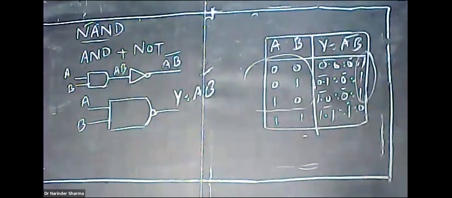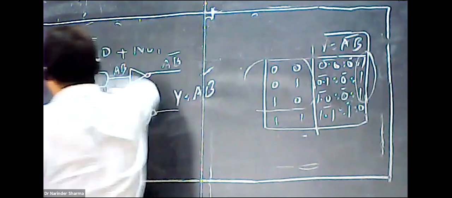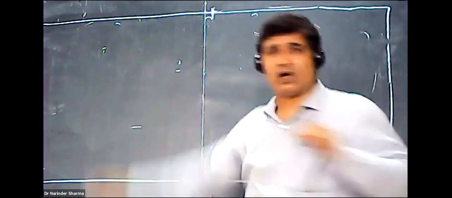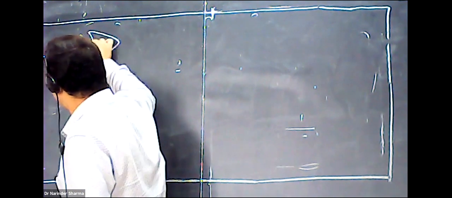Now understand the other gates, that is the XOR gate. Its symbol is as shown on the board. This is its symbol, XOR gate. A and B are the inputs.